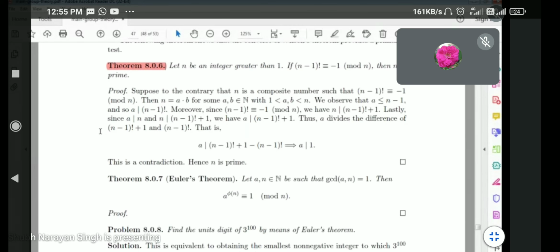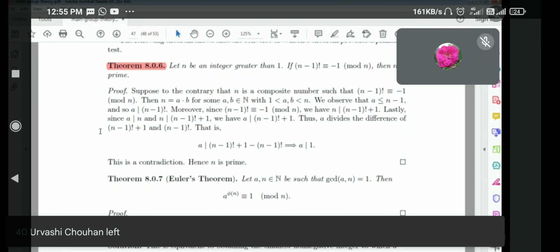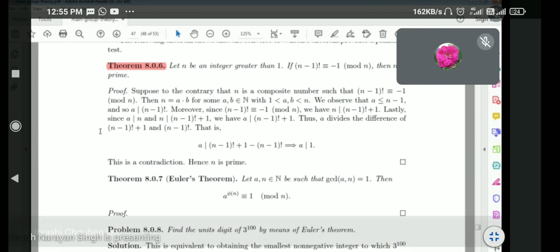Now by contradiction we assume that n is not a prime number, that means n must be a composite number. Because n is composite, n has a factor, so I write n as a times b for some a and b which lie between 1 and n.